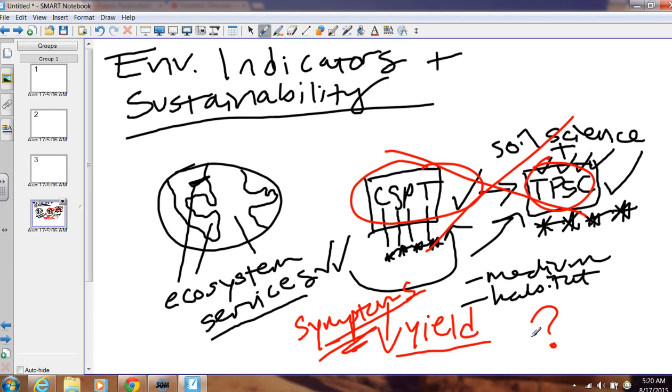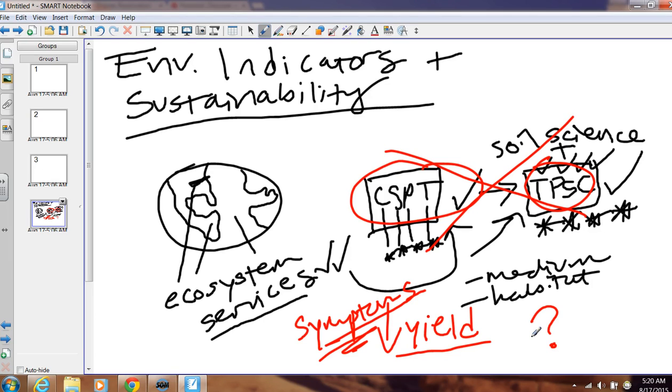Out of looking at the whole picture, the global scale, there are 5 environmental indicators that are listed in Table 2.2. That's on page 8. And then in Table 2.1, it actually goes over what those indicators are and then what chapter they are covered in this book. So it's kind of like a brief introduction of what the indicator is, what they use to measure that indicator, and then what chapter we find it in.